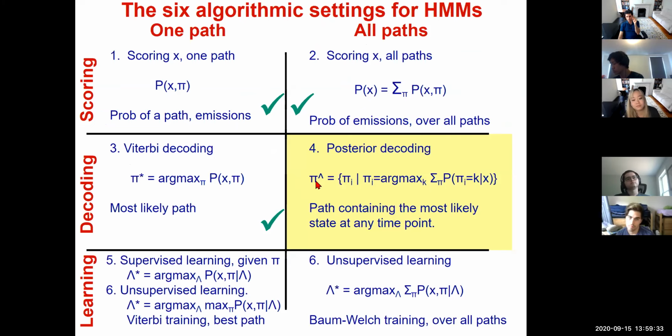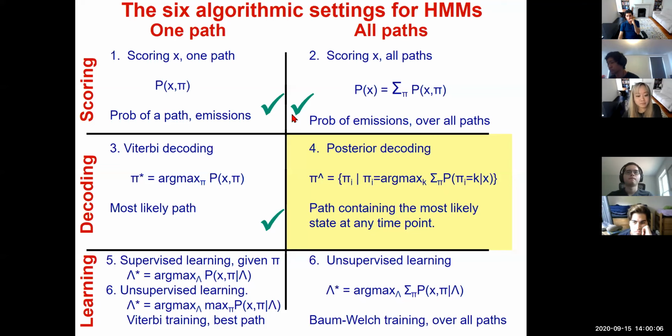So pi hat is the path consisting of the pi I at every position, such that this pi I maximizes, summing over this, the state k which maximizes the total sum probability of all of the paths that parse x and go through the state k.